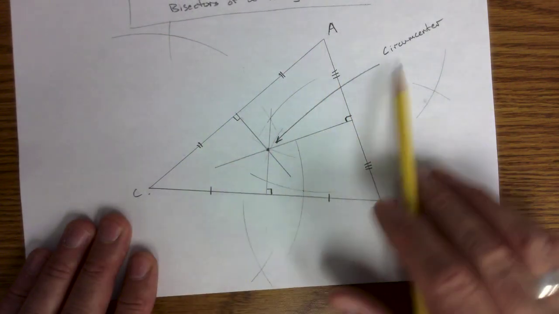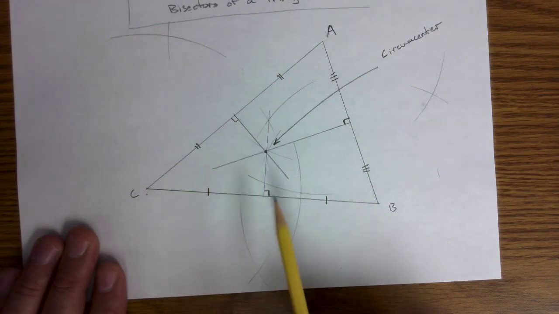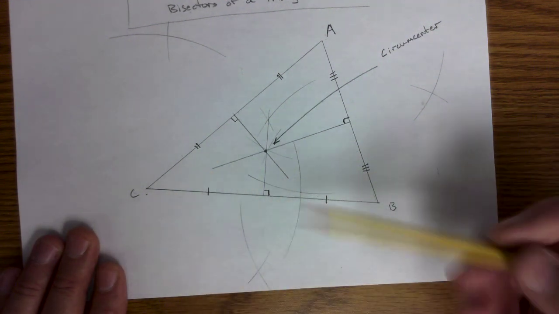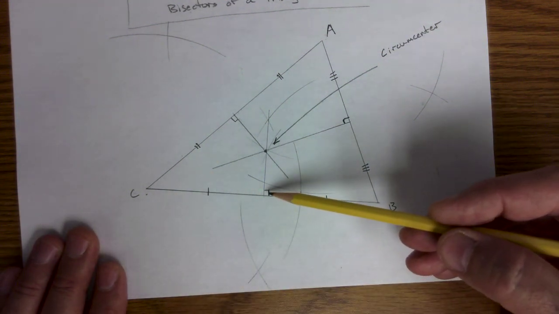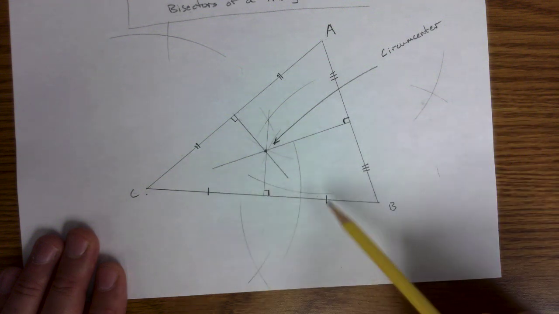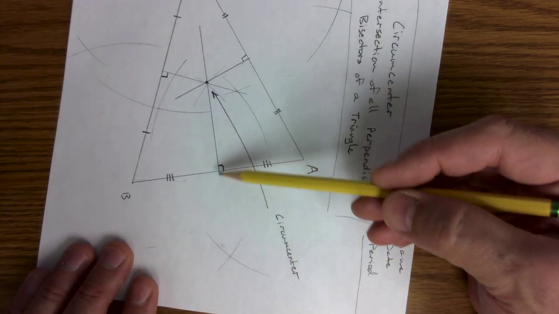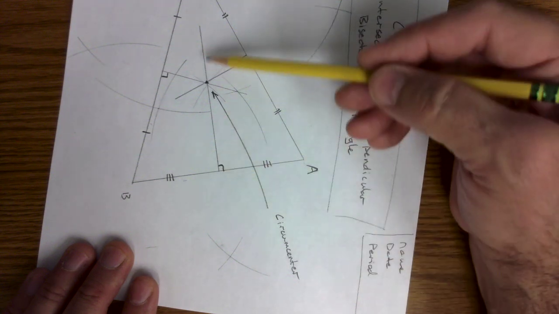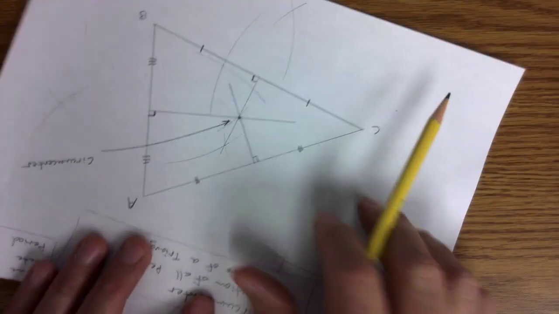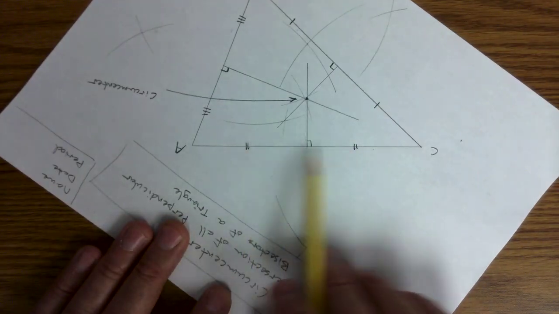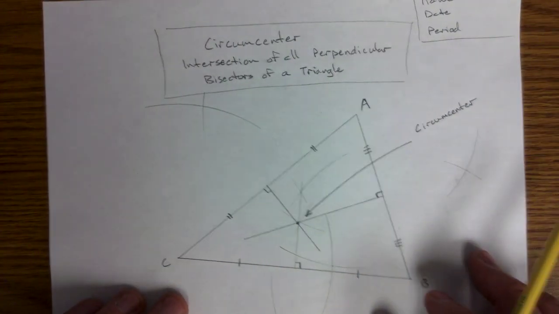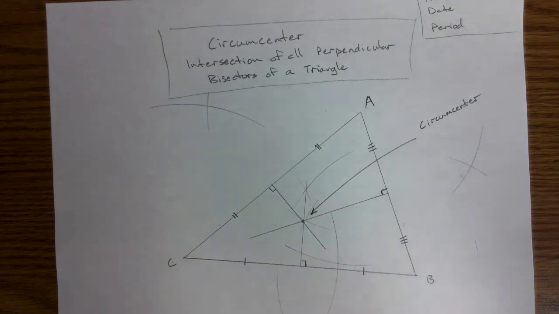By looking at the picture without any words, you could say, oh, so these two are the same, so this is a bisector. It's got that mark, so it's perpendicular, so it's a perpendicular bisector. These two are the same, so this line is a bisector, and it's perpendicular, so it's a perpendicular bisector. And then the same for this. Same bisector, perpendicular bisector, okay? So that's a circumcenter.